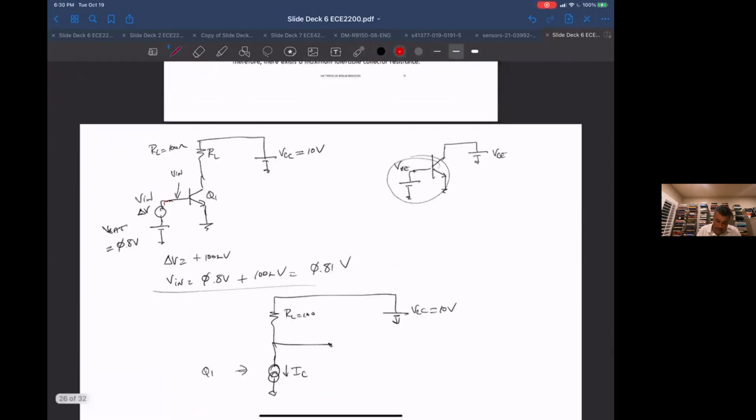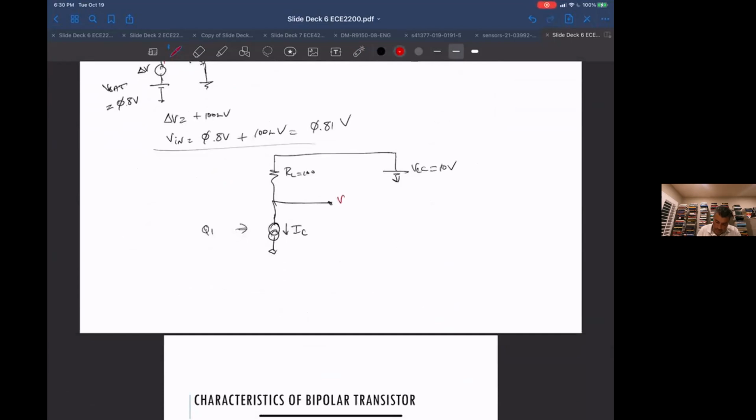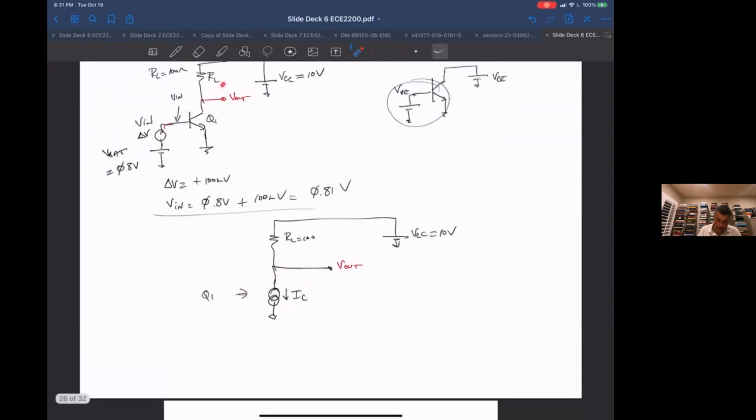And I'm going to take my V out from the collector of this transistor, which I'm just representing as a current source. As far as this side of the circuit's concerned, this guy just looks like a current source with some value which is dependent on the input, but it just looks like a current source.